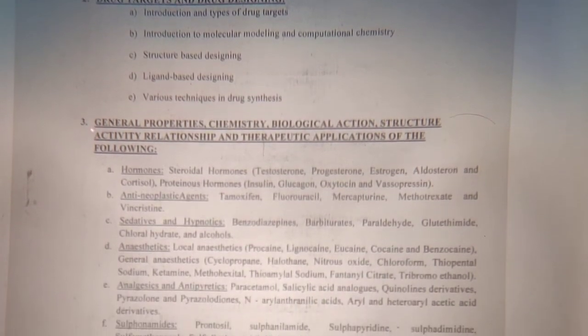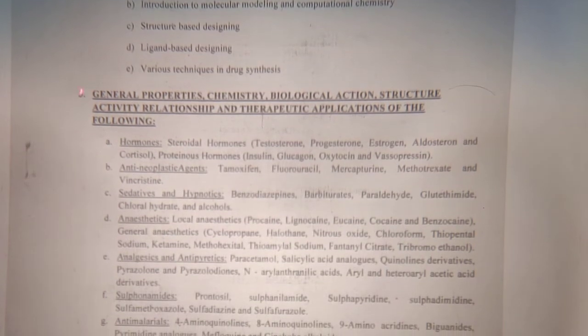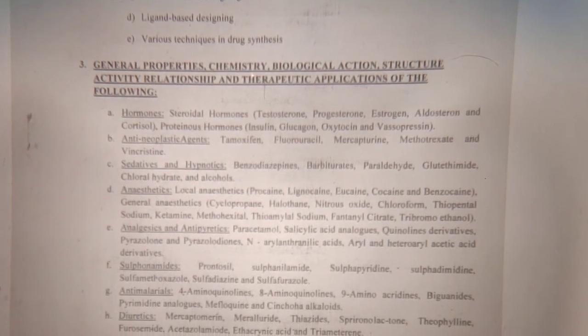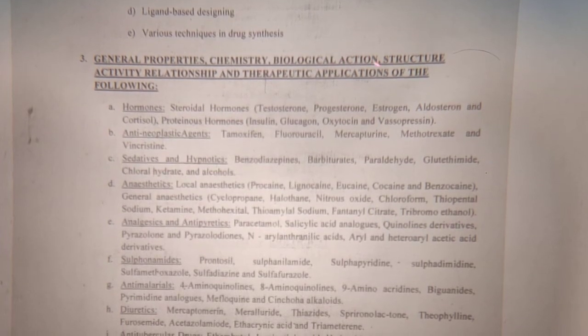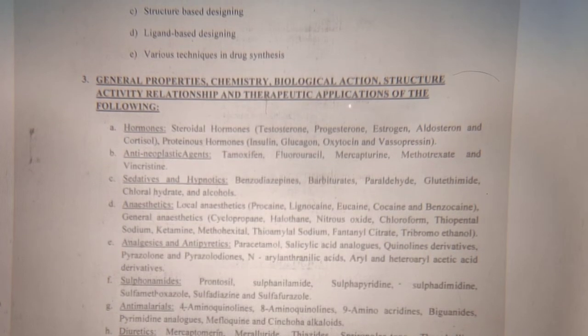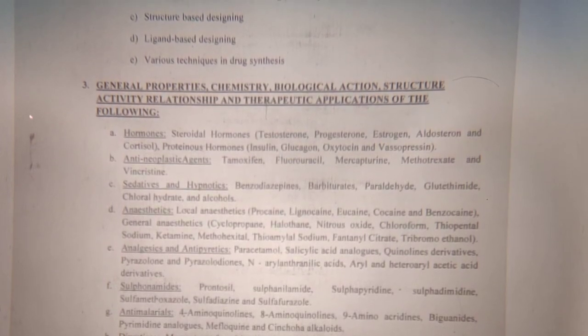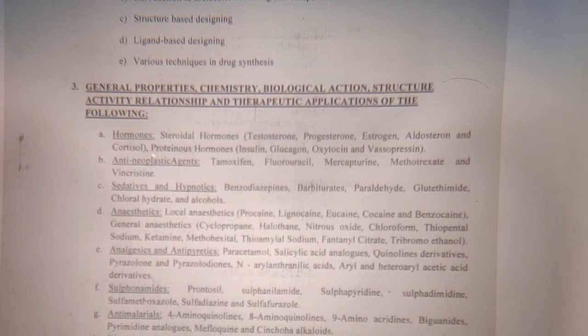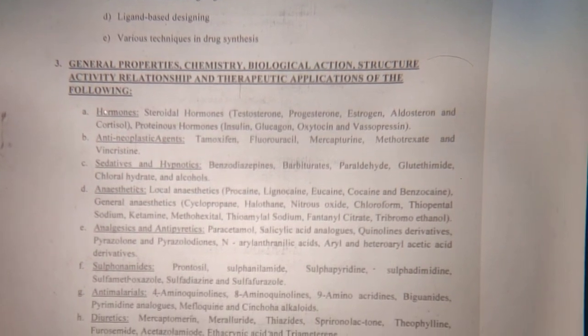Number 3, the major part of it which we will be sharing during this academic session: general properties, chemistry, biological actions, structure activity relationship and the therapeutic applications of the following. Under this is the list. A, hormones.